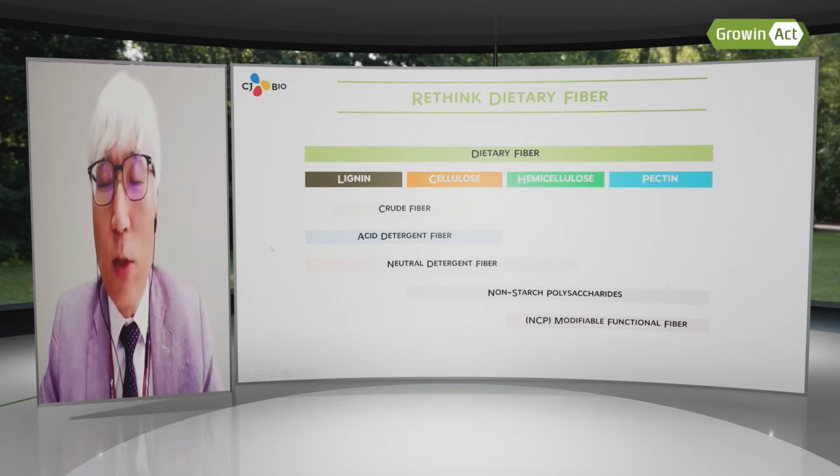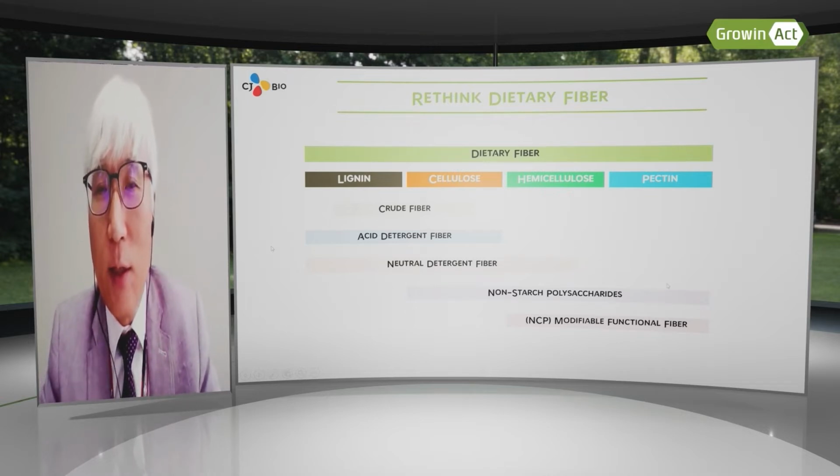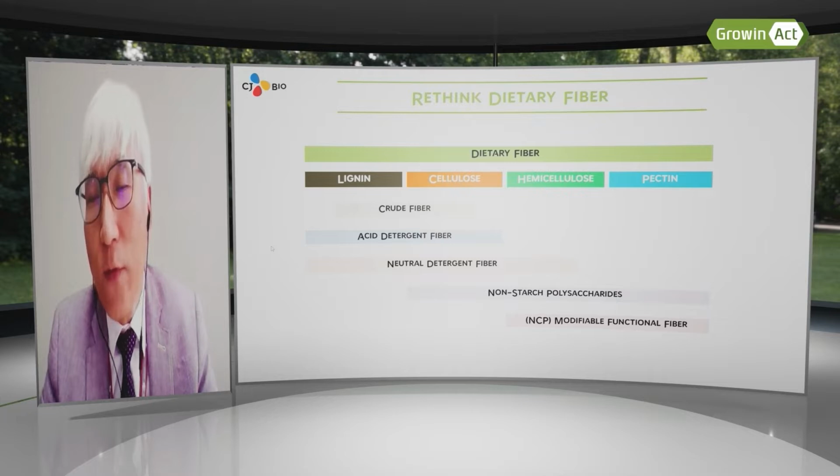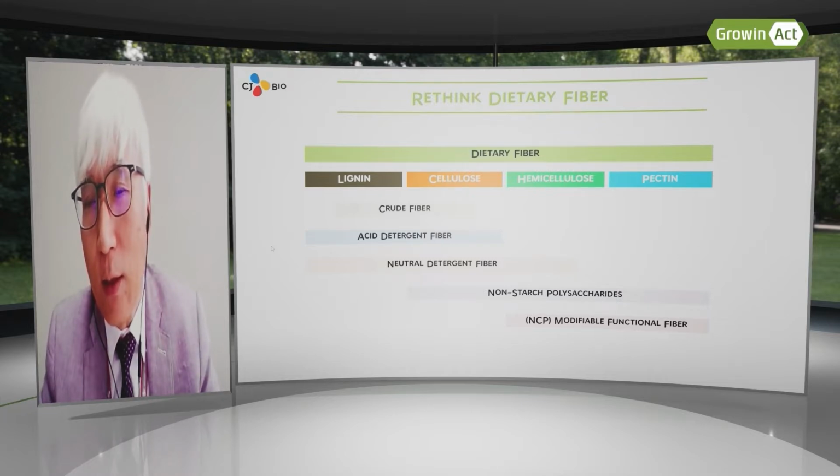So nutritionists are now talking about NCPs, the non-starch, non-cellulose polysaccharides, which contain hemicellulose and pectin. This is the fraction that we usually call modifiable functional fiber.